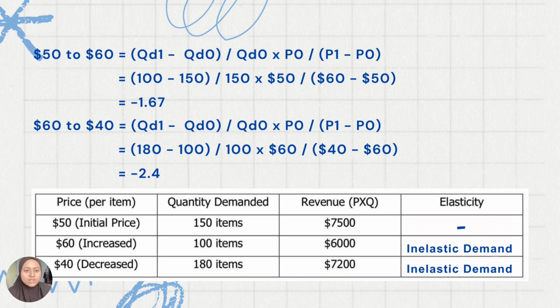And then from $60 to $40, we took 180 minus 100 divided by 100 times $60 divided by $40 minus $60, and we got negative 2.4. So for $60, it is inelastic demand, and for $40, it is also inelastic demand.